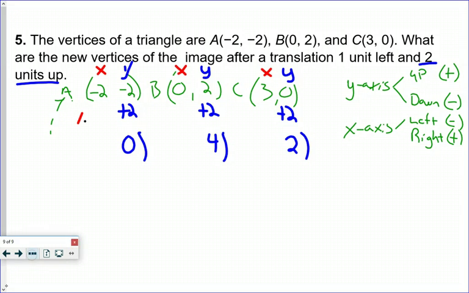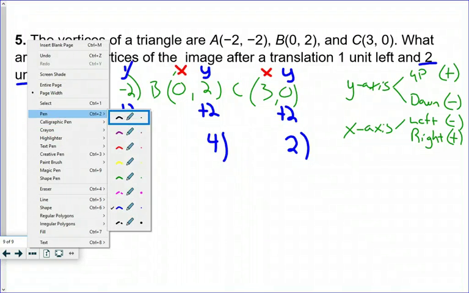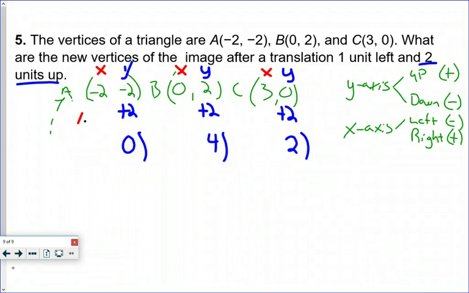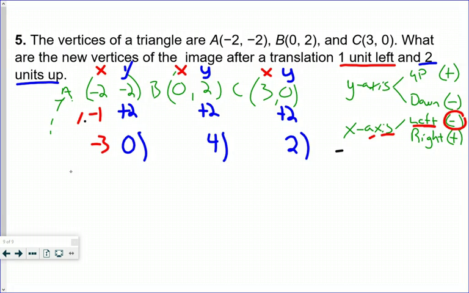Let's go ahead and do our x's. So at x, go back, get some red here. X, we want to move it 1 unit to the left. All right, so 1 unit to the left. Remember, that's the x-axis, and it means negative. So we are subtracting now. So we're going to subtract 1 unit from each of the x's. So -2 minus 1 gives us -3.